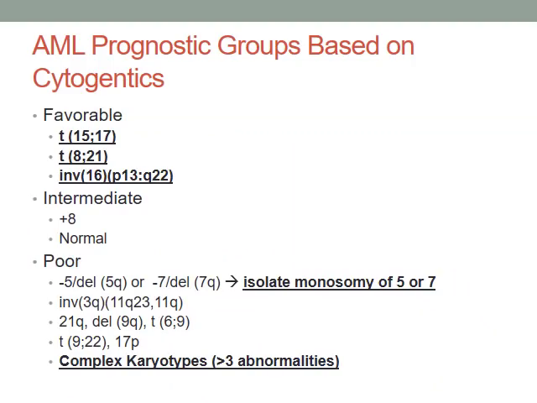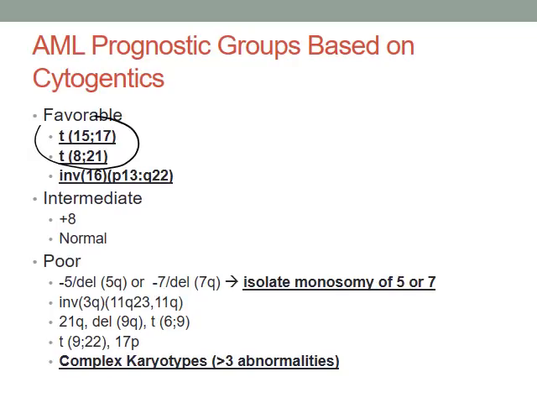On this slide, you can see some examples of the cytogenetics that may show up in AML patients. It's important to know a couple of these, and I would recommend being familiar with the types that are considered favorable. They're bolded and underlined on the slide. And with specific attention to the first two types, which are the translocation of chromosomes 15 and 17 and the translocation of 8 and 21.